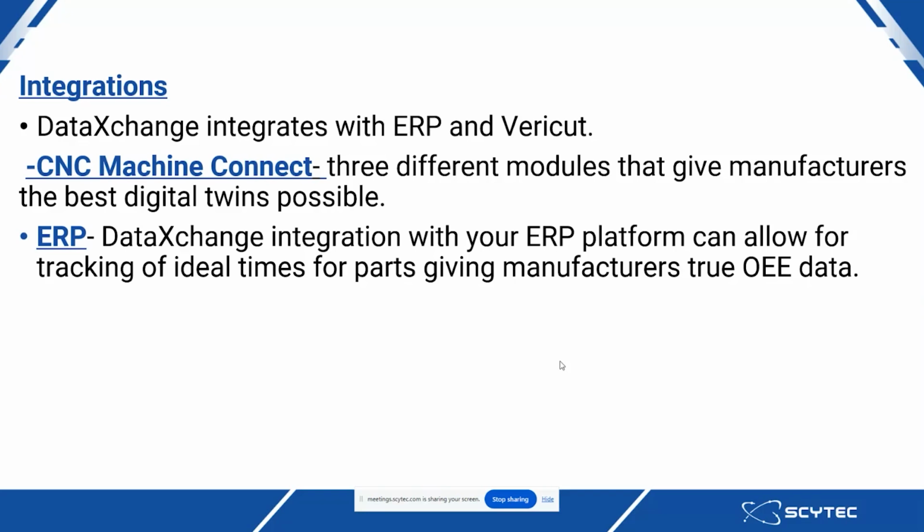There's a whole lot to go into there, but if you go to our YouTube page, as well as our website, you can find out more about CNC Machine Connect, our integration to Vericut. We also integrate with ERP, and the DataXchange integration with your ERP platform, such as JobBoss, can allow for the tracking of ideal times for parts, giving manufacturers true OEE data.